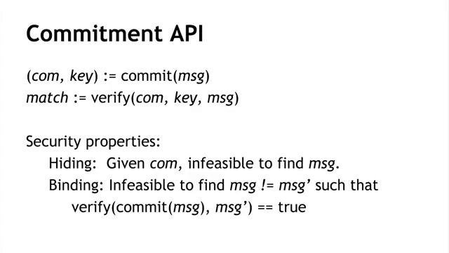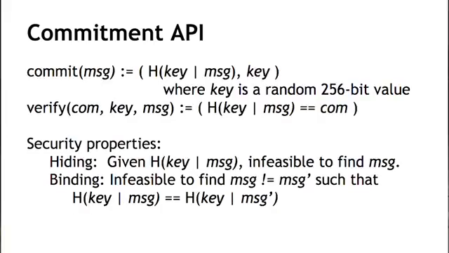Okay, so how do we know that these two properties hold? Well, first we need to talk about how we're going to actually implement commitments. And the way we're going to implement commitments is like this. In order to commit to a value message, we're going to generate a random 256-bit value and call it the key. And then we're going to, as the commitment, return the hash of the key concatenated together with the message.